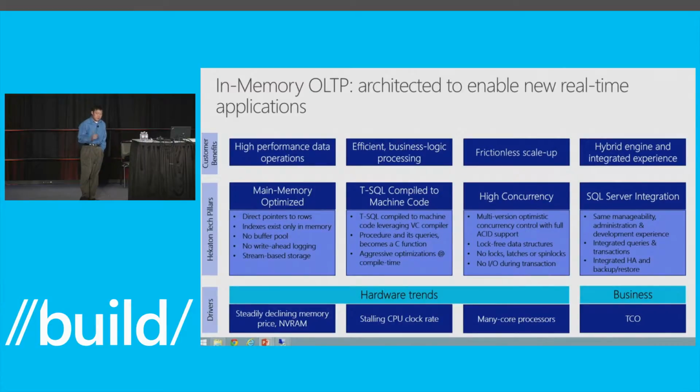The third column is about scale out. A lot of the concepts we had before, such as locks and latches, spin locks, super latches, all those concepts, they all went away in the new world. So we have a multi-version optimistic concurrency control that doesn't take any locks or latches. But still, I want to emphasize that there is still data protection.